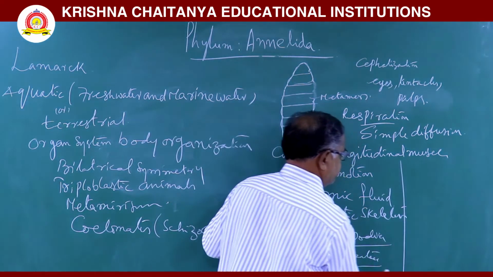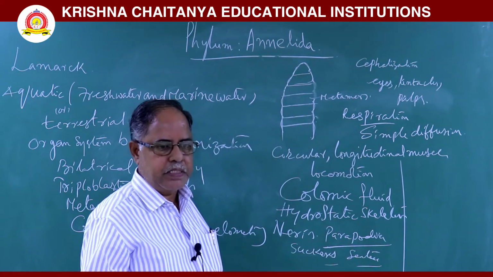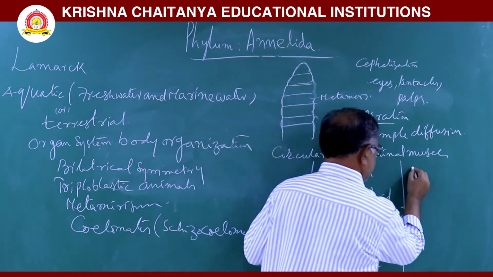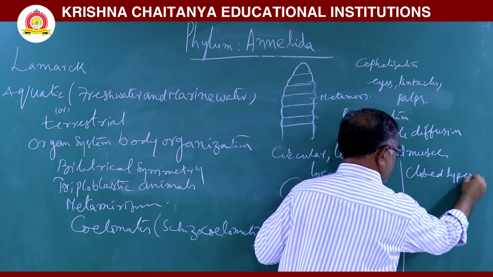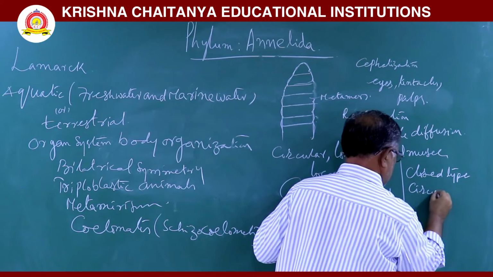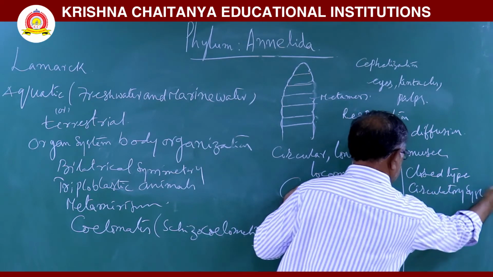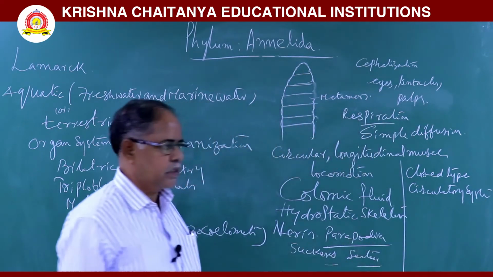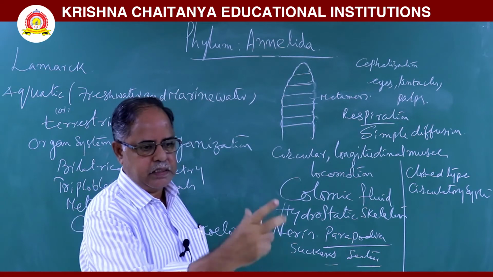Next, circulatory system. Here, a closed type circulatory system is seen, which means blood flows only through the blood vessels.